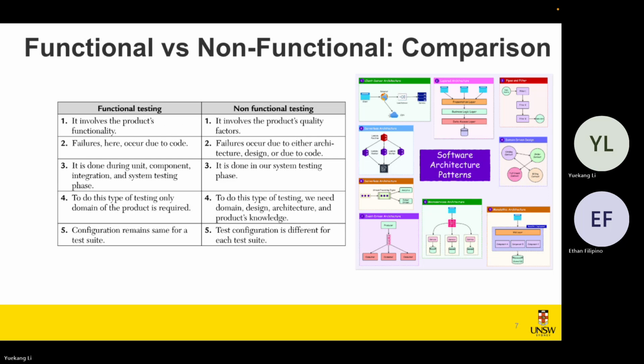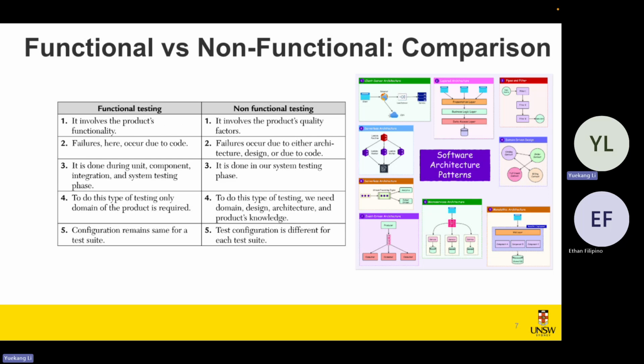But these architectural patterns don't affect whether the code is following the specifications or requirements or not, right? So that's why for functional testing, normally we cannot capture the errors or the bad designs in the software architecture.